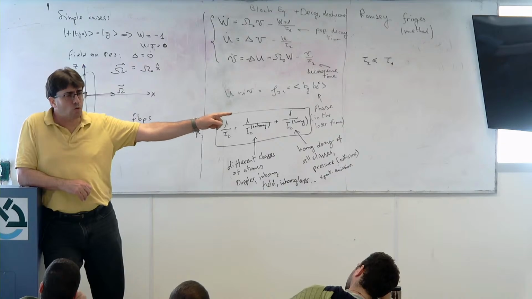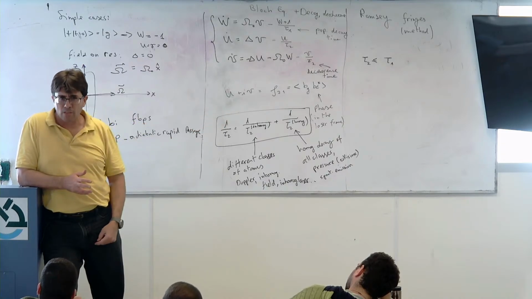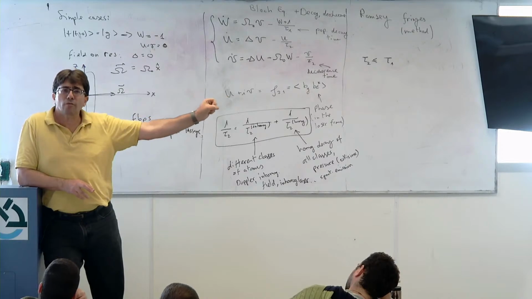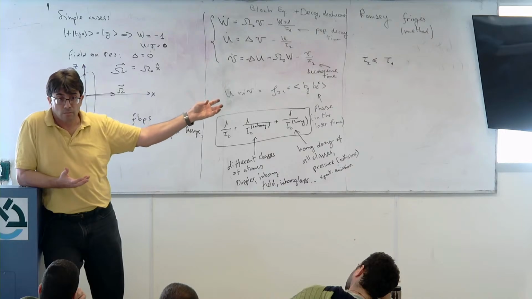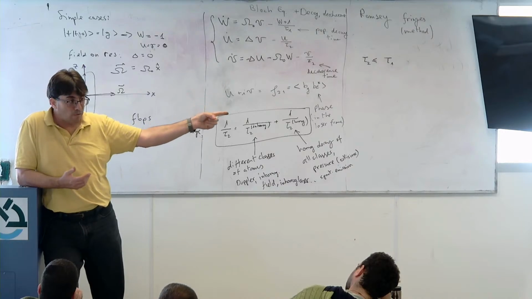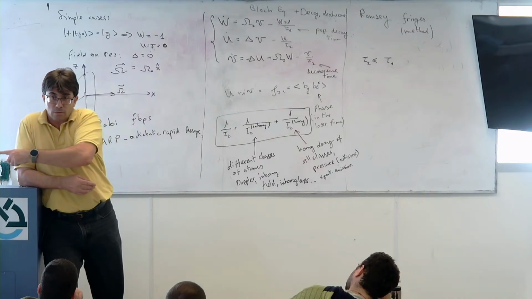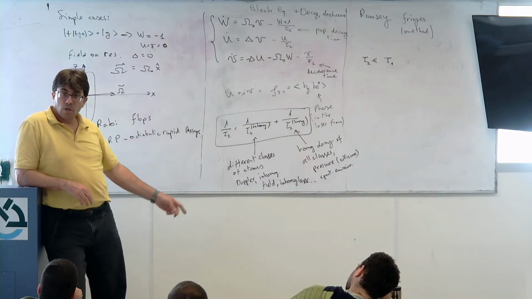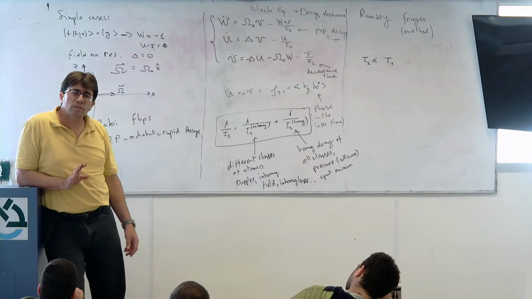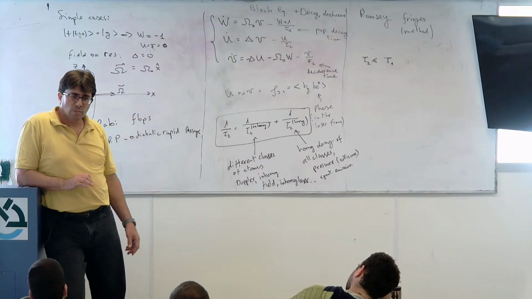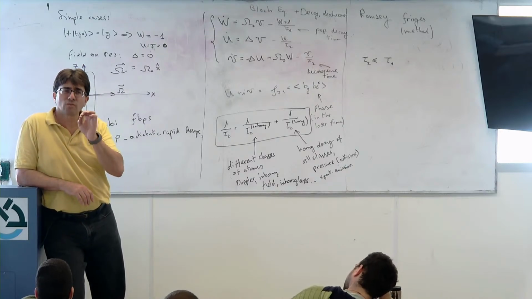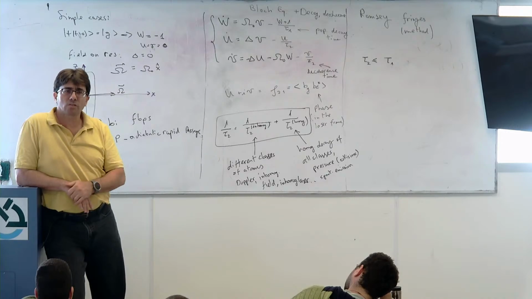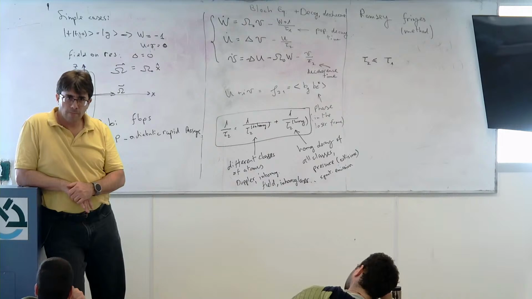Well, yes, if it was a short pulse and a really quick pulse, then most of them got here. And now I turn off the field. I turn off the field, but the detuning is still there. The atoms are still running. So some of them are going this way. Some of them are going that way. And let's even for now think that all of them are the same. But I'm trying to find the exact frequency of the atomic transition. Why? Because I want to build a clock. That was the point.